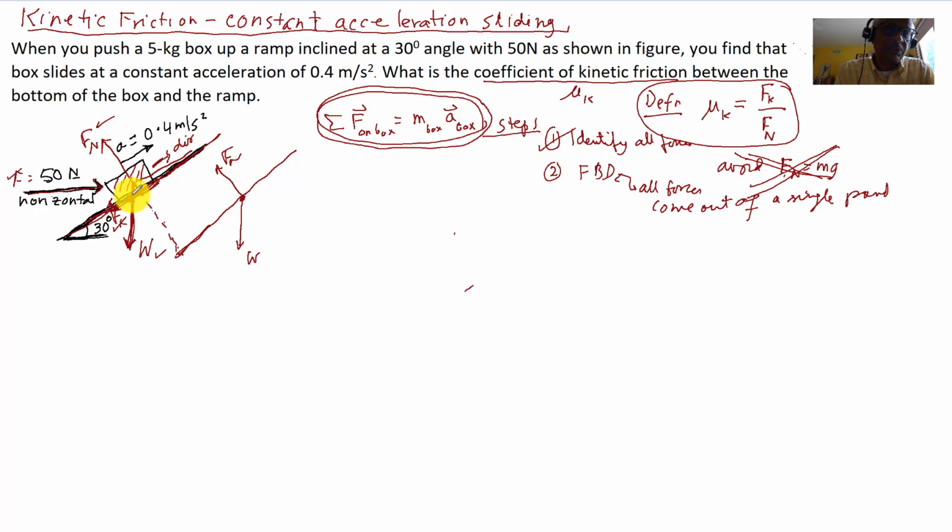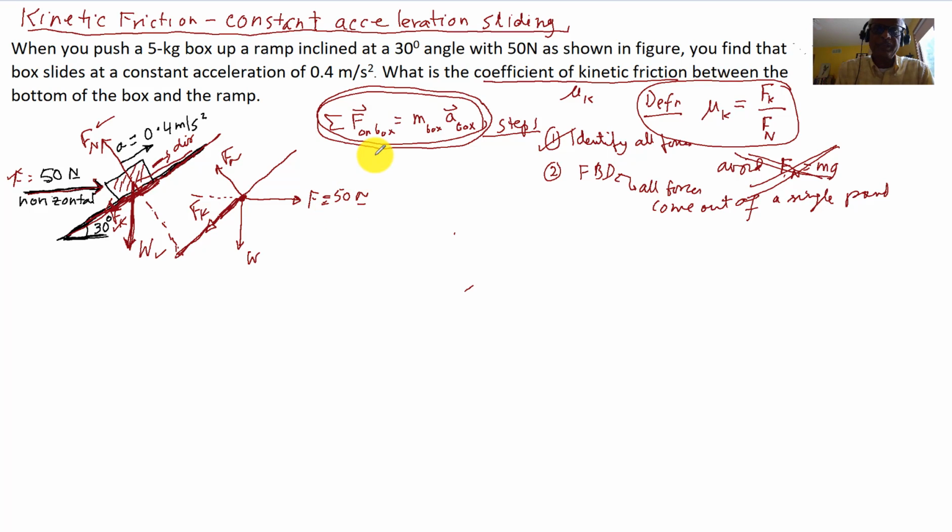So it looks like that, and that's Fk. This one is horizontal. It looks like it's coming in, but we draw it coming out like that. So this is the F, and that's 50 Newton.